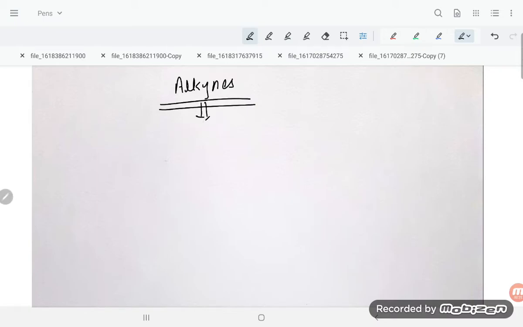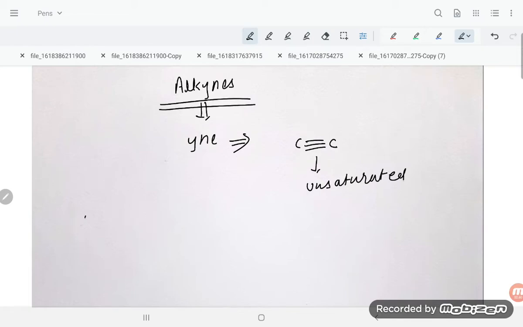As per the term, students, yne implies that there must be a carbon-carbon triple bond. If it is a triple bond, then it is unsaturated.